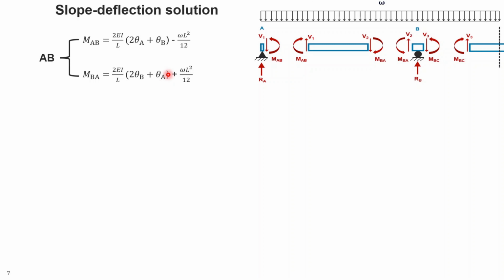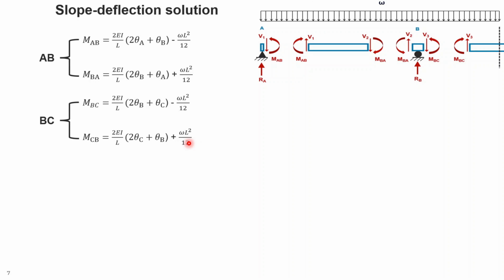We can follow the same pattern for element BC, which is this element at the right-hand side. You can just see half of it, but the left part is MBC and the right part is MCB. They will be written versus theta B and theta C, and the fixed moments are the same because we have the same external load on element BC. For each element, you can write two slope deflection equations.